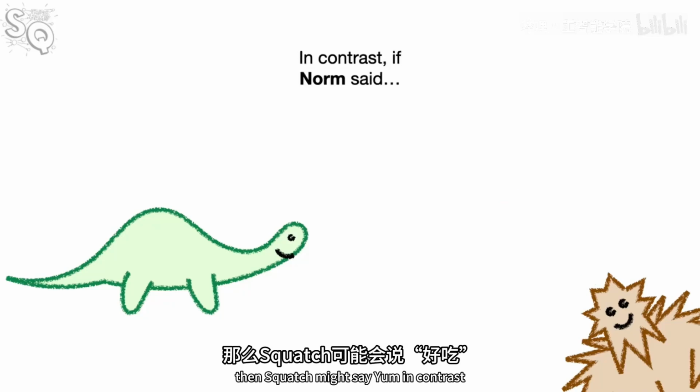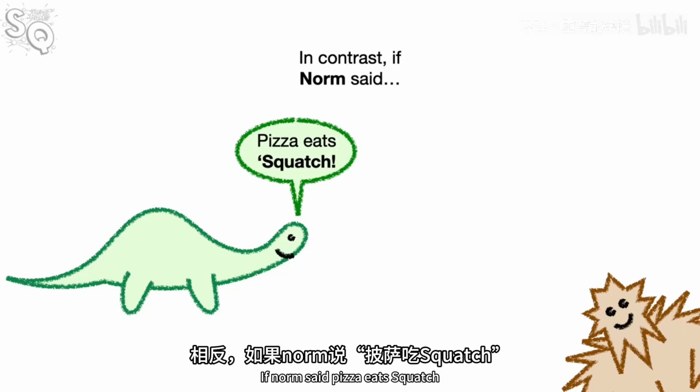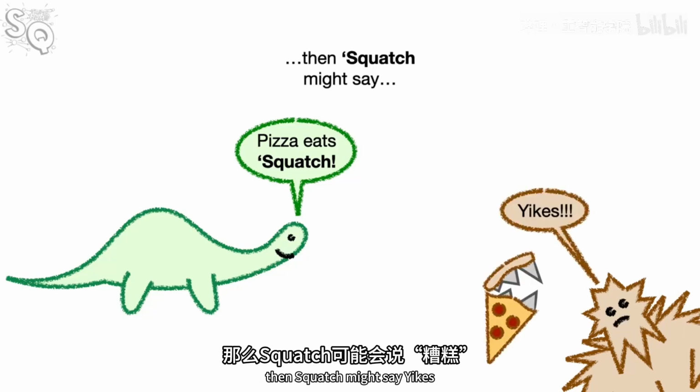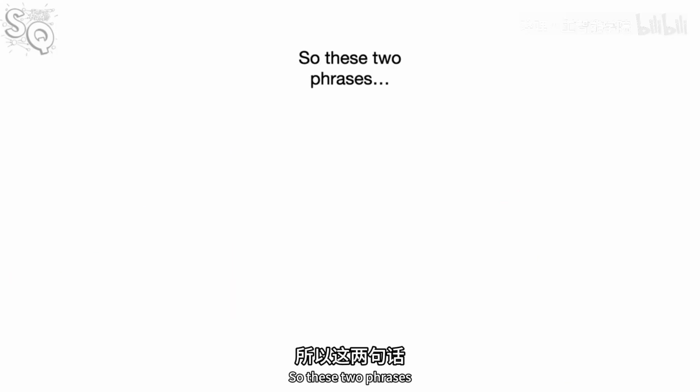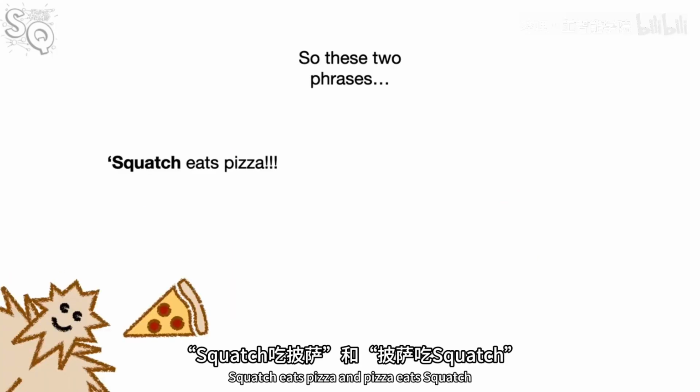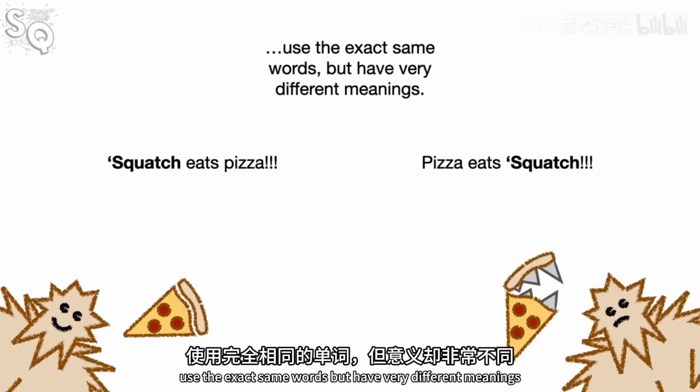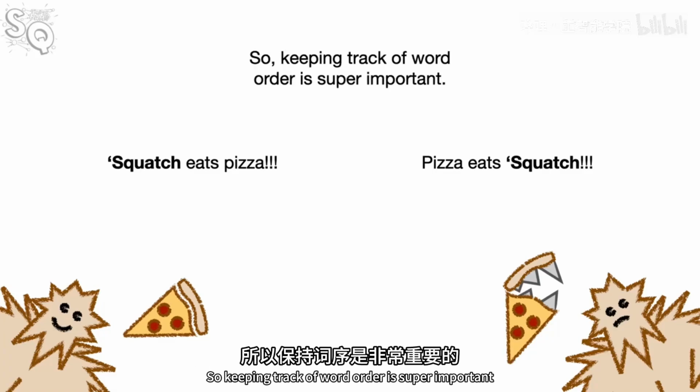In contrast, if Norm said, "Pizza eats Squatch," then Squatch might say, "Yikes." So these two phrases use the exact same words but have very different meanings. So, keeping track of word order is super important.